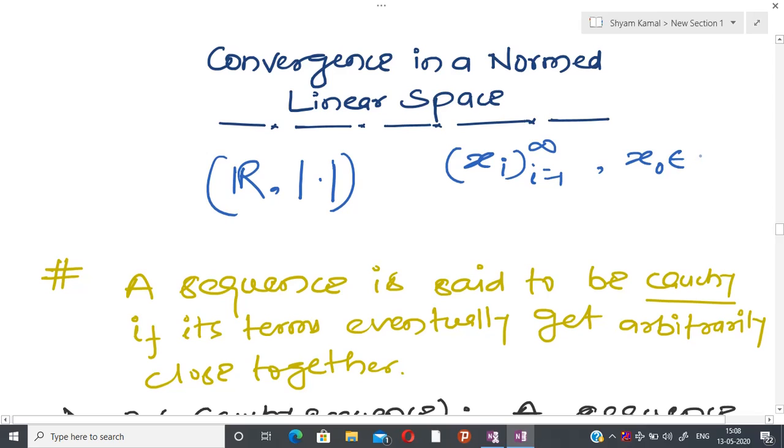You can denote it by R or by X, that doesn't matter.